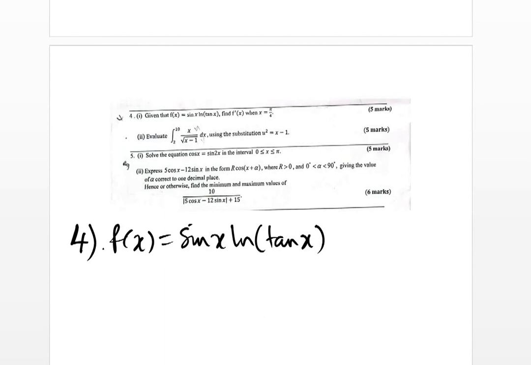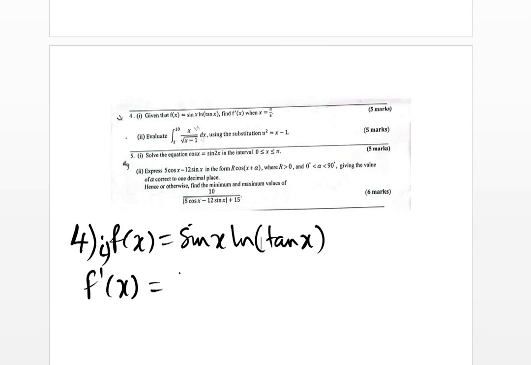So here, in this Roman 4, we have f prime. Remember, we have many rules in differentiation. So which rule do you think we are going to use here?